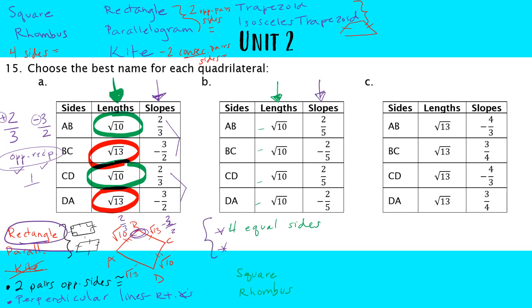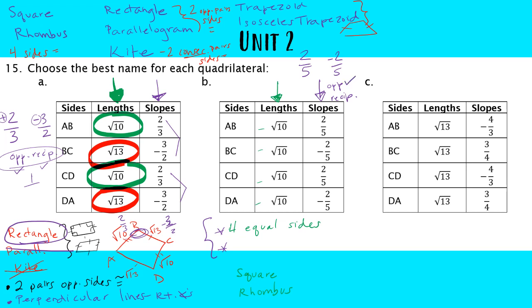Slopes. Do they have right angles or do they not have right angles? So when I look at my corners, and notice I didn't draw a picture on this one because it doesn't really matter. All 4 sides are equal. I don't have to really label it and decide on opposite sides. So my slopes are 2/5 and negative 2/5. Are they opposite reciprocals? When I look at the signs, one is positive, one is negative.